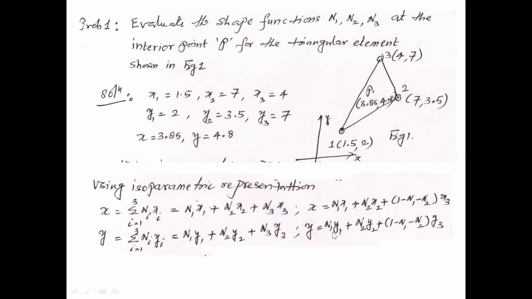Two unknowns, two equations, you can solve for n1 and n2. So that's what we have done. Substitution of x, y and x1, y1, x2, y2, those coordinates, and you can solve them. Then simplify: n1 is 0.3, n2 is 0.2, therefore n3 is 0.5. So if you add n1, n2 and n3, you will get 1. This is the solution for that.